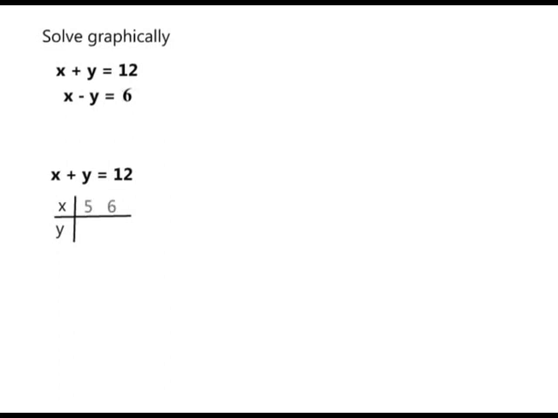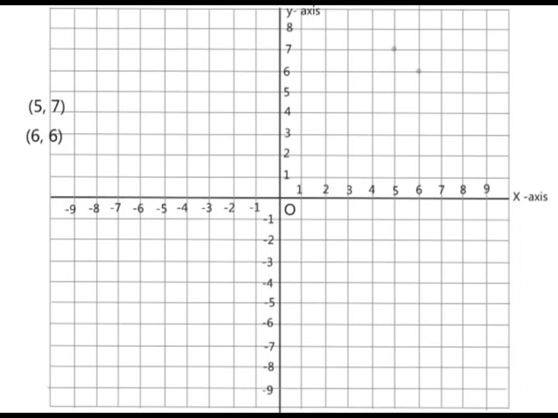I'm going to choose 5 and 6. When x is 5, 5 plus y equals 12, and that gives us y equals 7. When x is 6, y is equal to 6. Right, so we have the first two points, (5, 7) and (6, 6). We plot the points and draw the line.